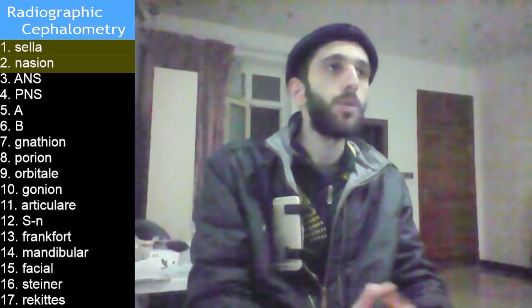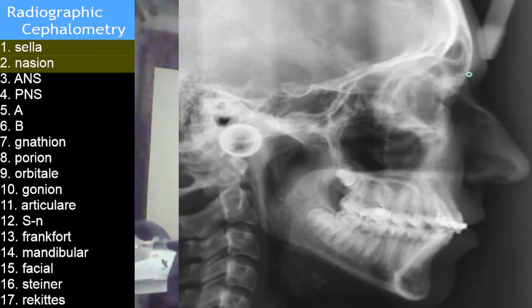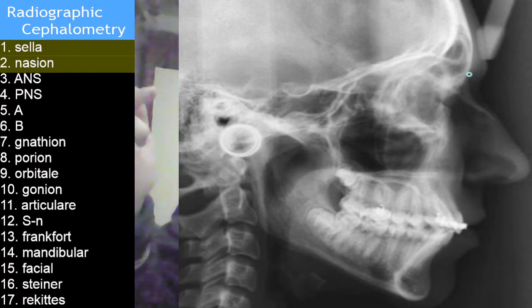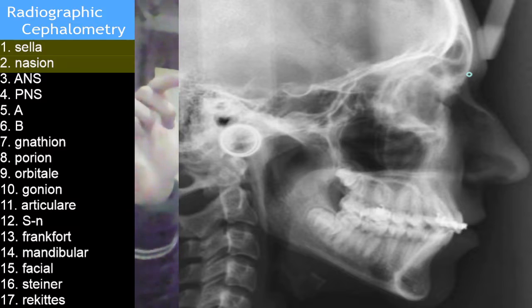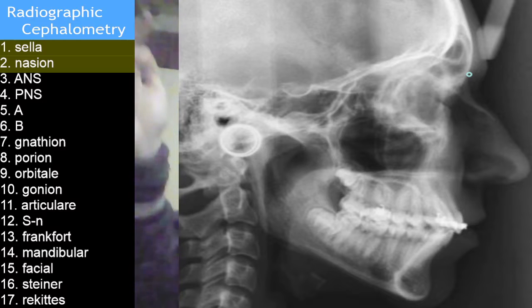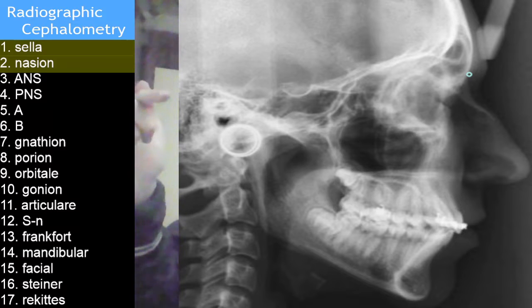It is in the center, on the suture that separates the frontal bone and the nasal bone.